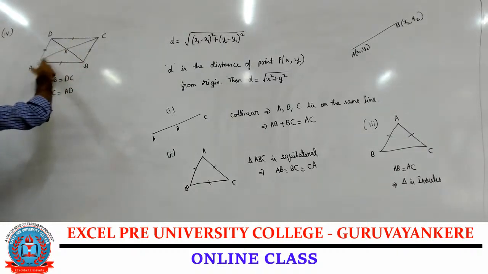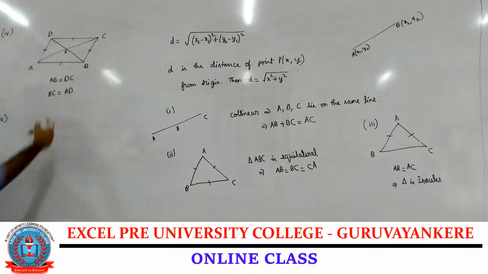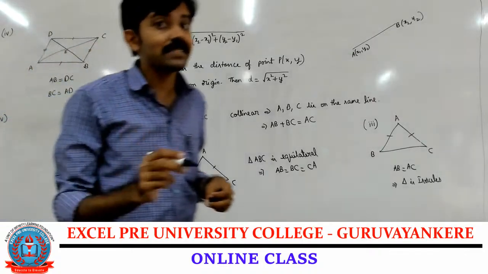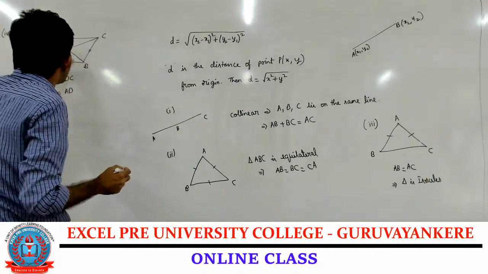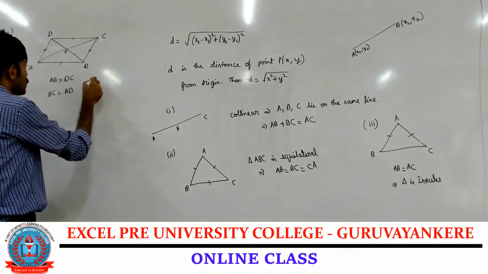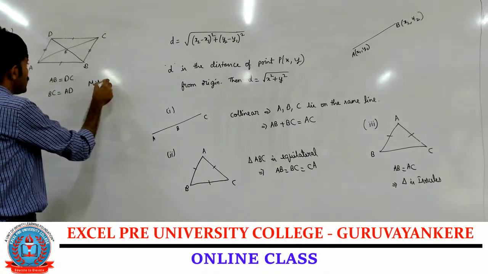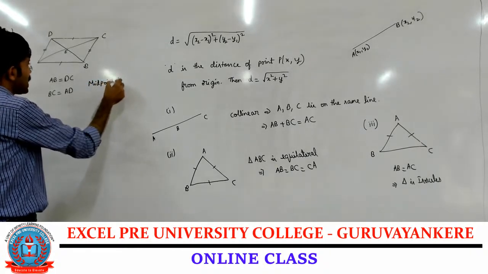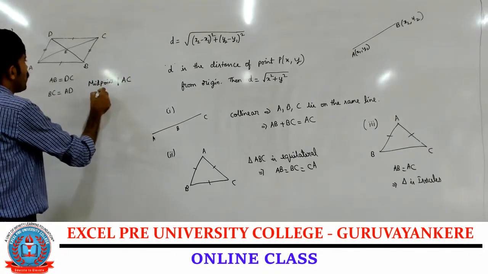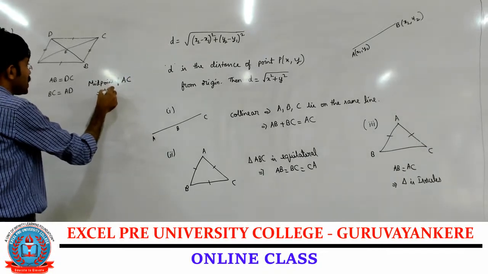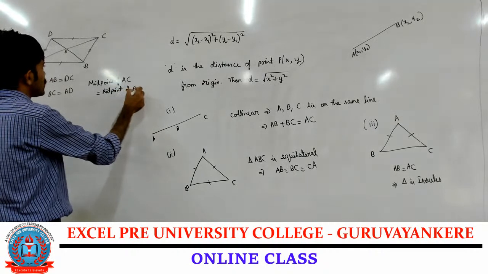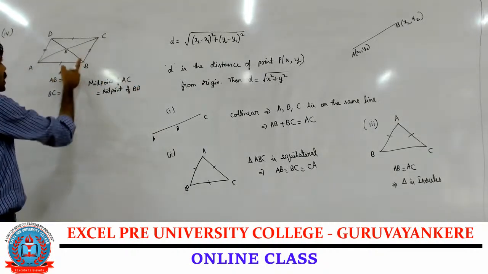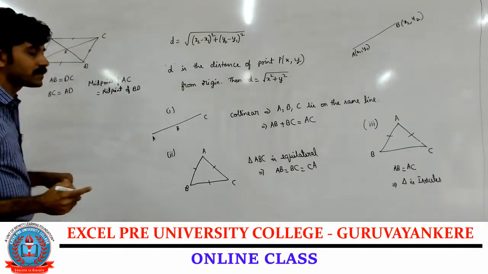That means the midpoint of AC is the same as the midpoint of BD. You can note all this. Midpoint of the diagonals coincides. Midpoint of AC is equal to midpoint of BD.